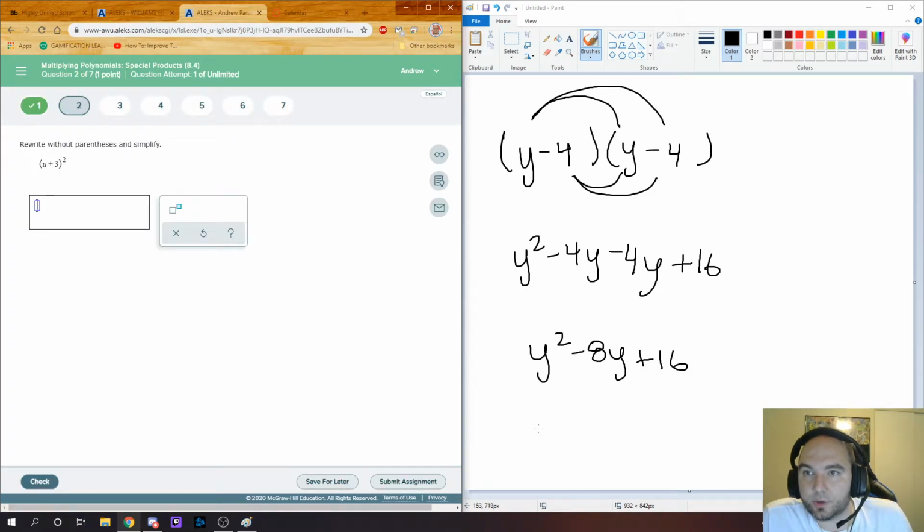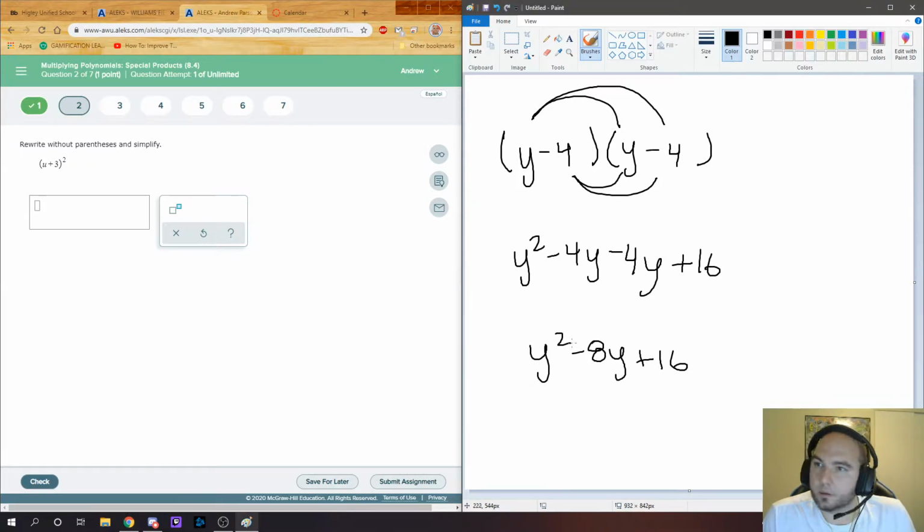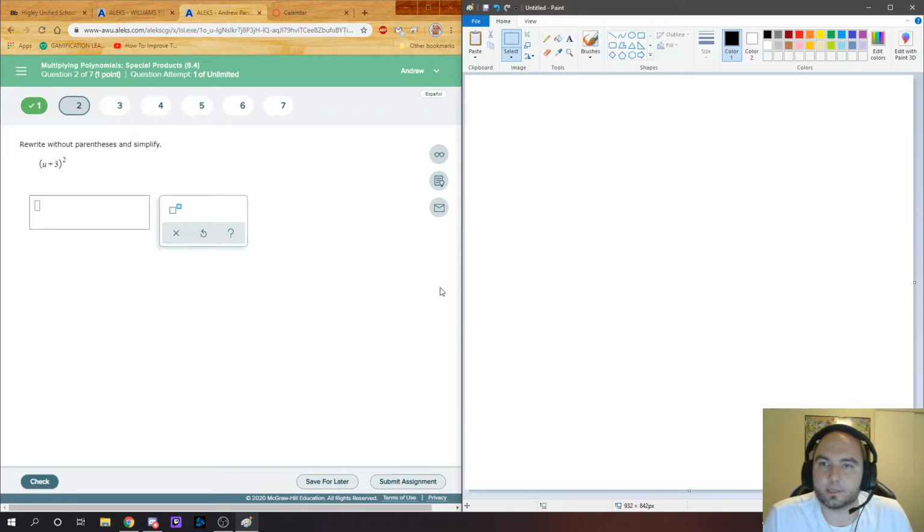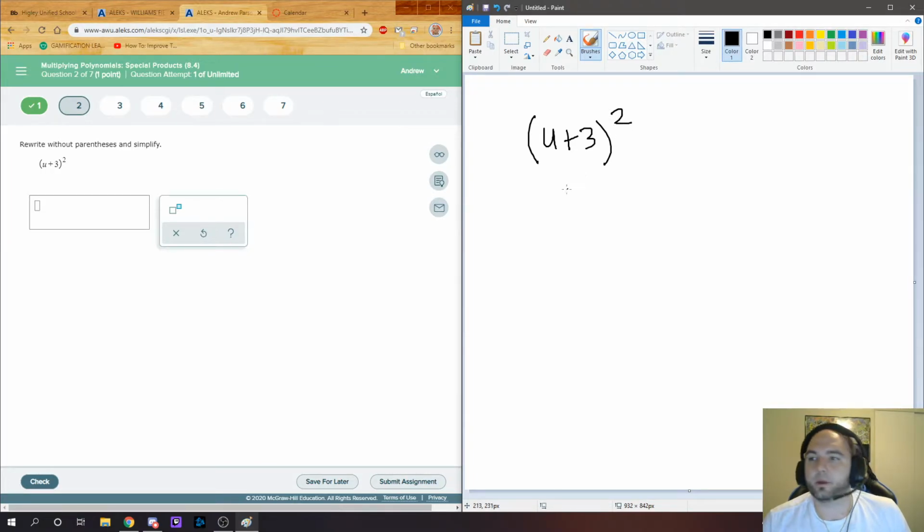So let me show you what I'm talking about on this one. U plus 3 squared. There's a quick way. The quick way is to do the first thing squared.